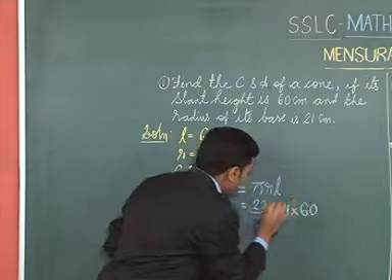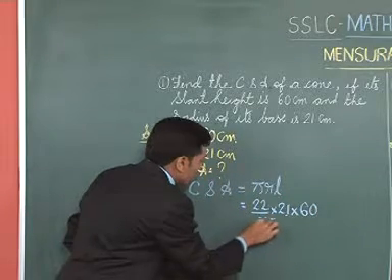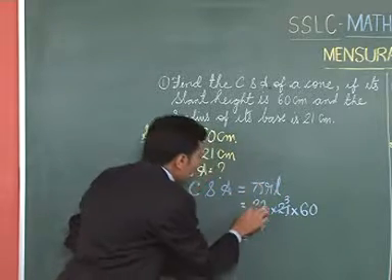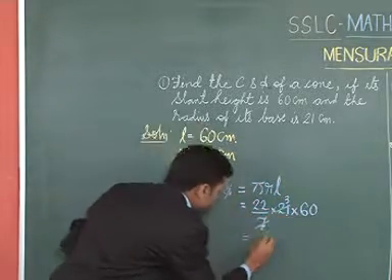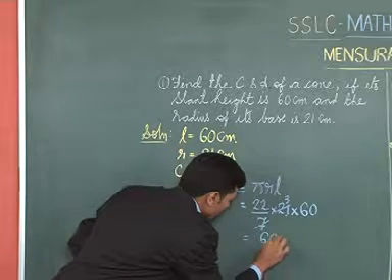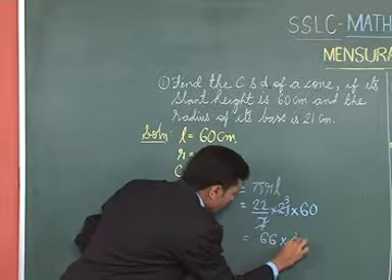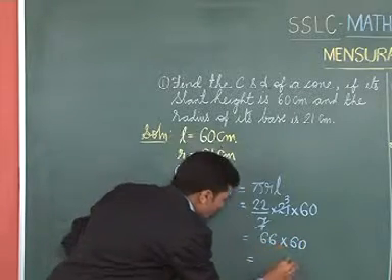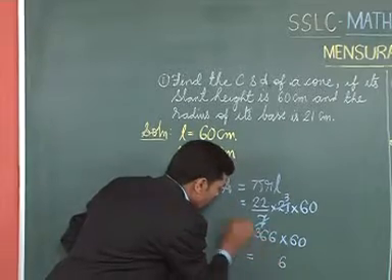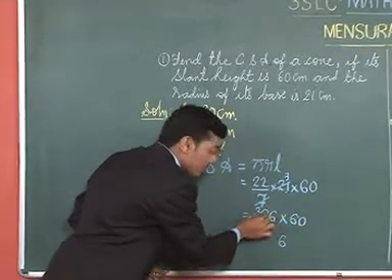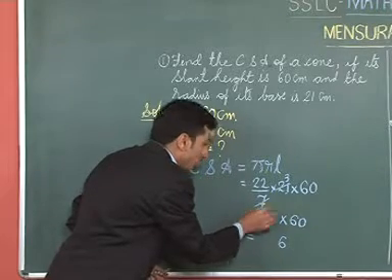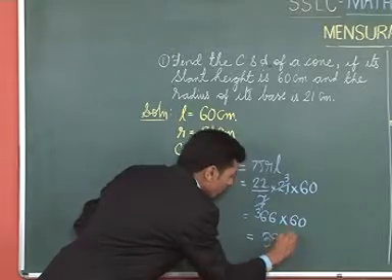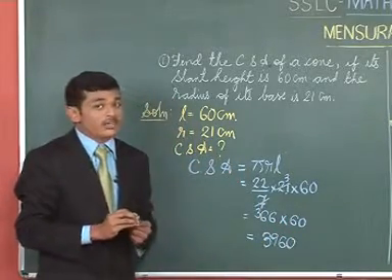So, now 7 ones are 7, 7 threes are 21, and now we have 22 into 3, that gives you 66 into 60. Now, just multiply this. 6 times 0 is 0, 6 6s are 36, 3 carries here, 6 6s are 36 plus 3 which is carried, that gives you 39, and this 0 here. And will your answer end here?